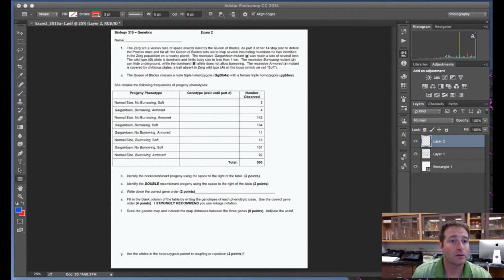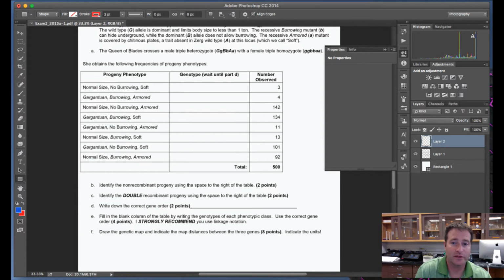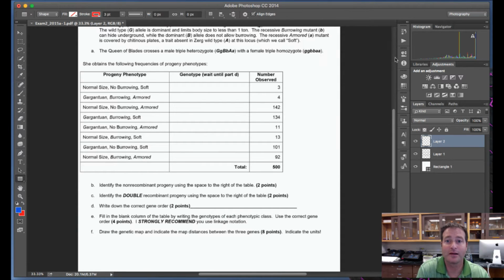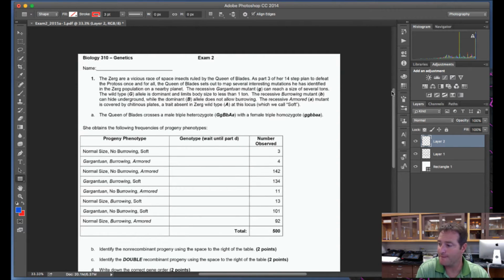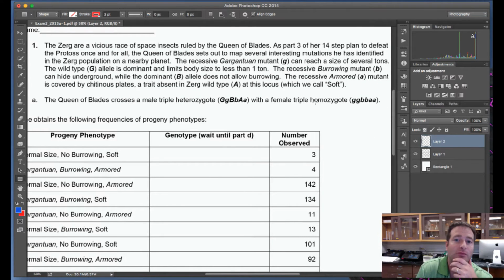Okay, everybody, I'm going to work a 3-point cross problem here. I've called up the exam from last year, and as you can see, it lays out a genetic mapping problem with the Zerg from StarCraft.